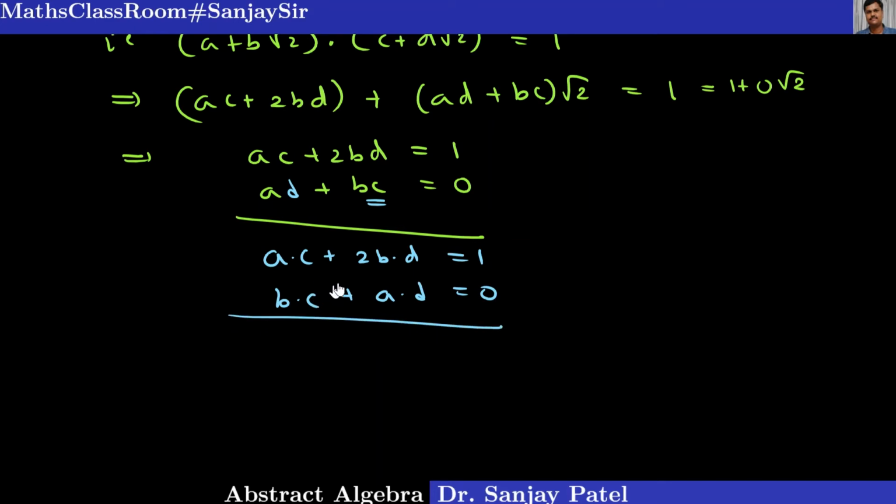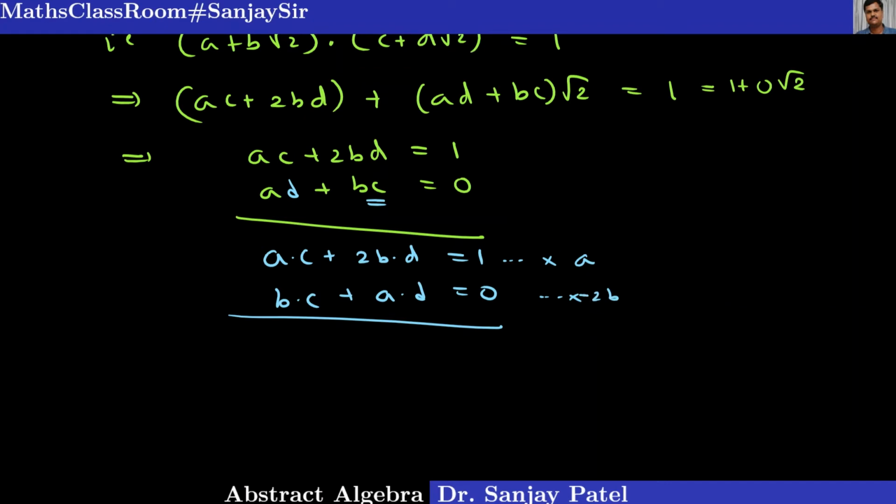To solve these equations, I want to make the coefficients of d the same. Here we have 2b and here we have a. So I should multiply the first by a and the second by minus 2b.